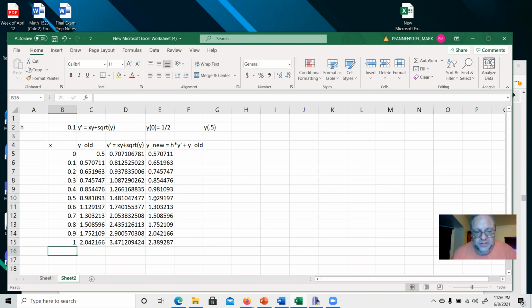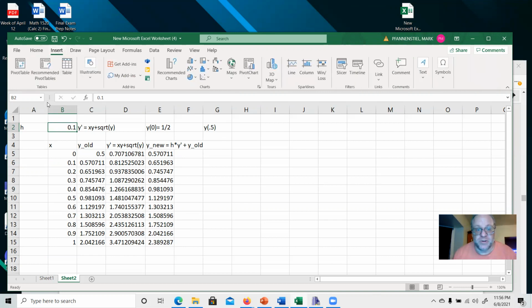They wanted us to compare y of 0.5 when h was 0.1, and y of 0.5 when h was 0.05. If you do it a little more cleverly than this, you only have to change this one out here. Make sure you change your x's, and then it'll propagate through, and you won't have to do as much busy work. I just wanted to show us this again.